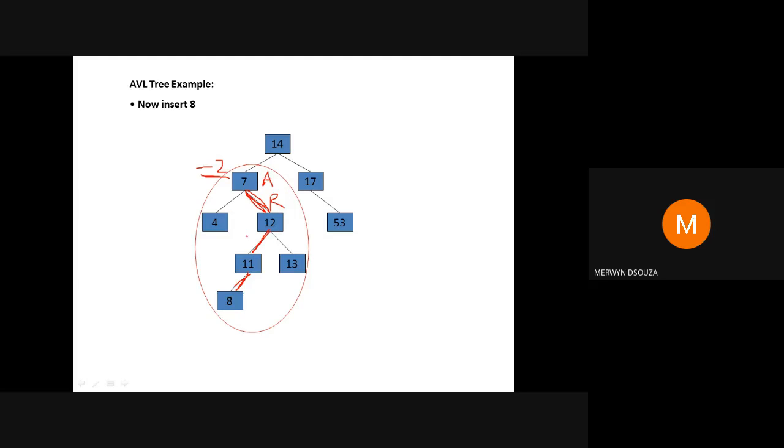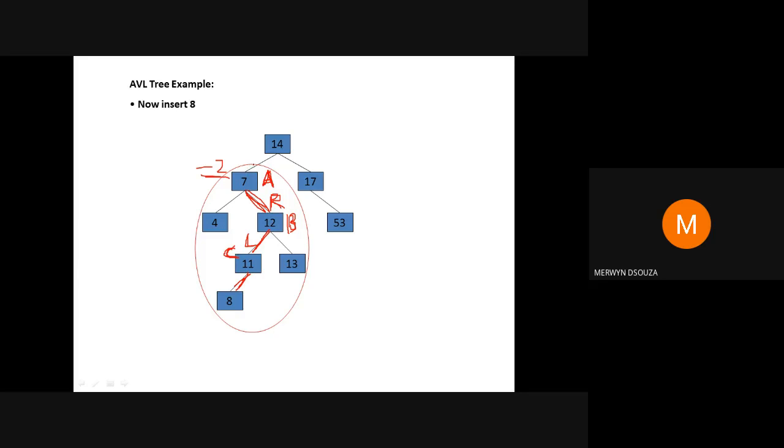The next node on that path is on the left side of 12. So this is R, and this will be L. This node value will be A, the next node will be B, and this will be C. So this is R, this is L, so you're going to apply RL, once you have labeled this A, B, C.